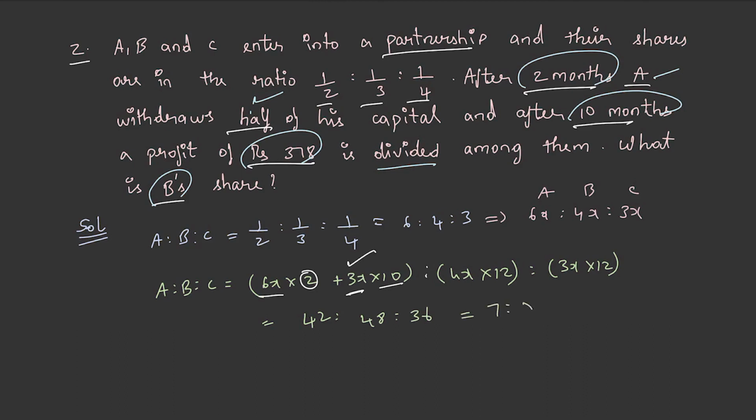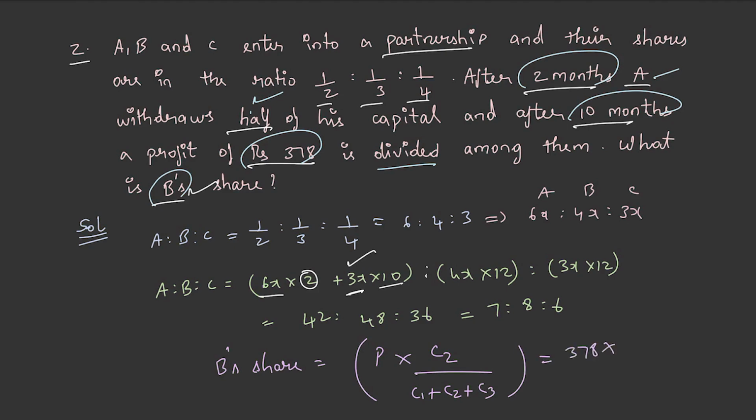Therefore, 7 : 8 : 6 is the respective ratio. We have to find B's share. Therefore, B's share is equal to profit into capital investment of B by total capital investment. By substituting this, you will get 378 into 8 by 21. So the final answer will be 144. This is the value of B's share.